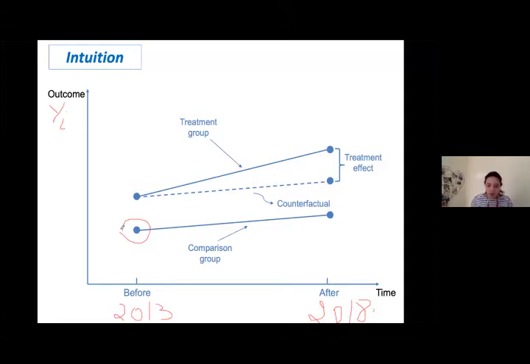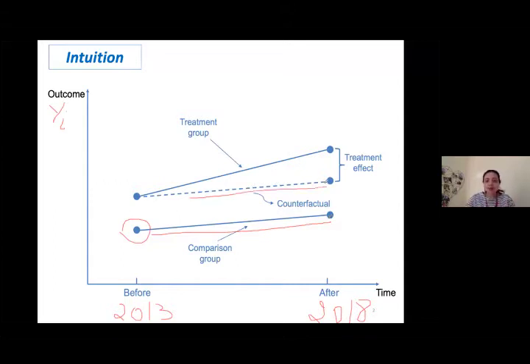Without the implementation of the program, the outcome of interest for the comparison group will increase over time, and the outcome of the treated group also will increase over time.